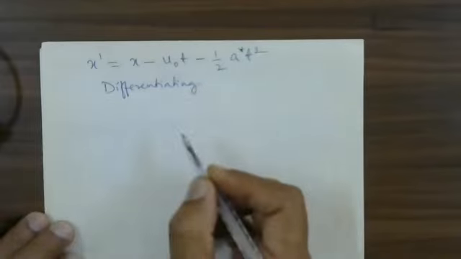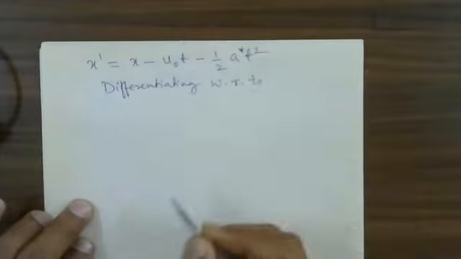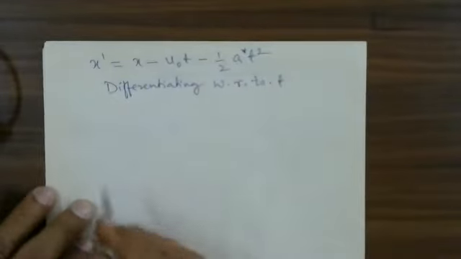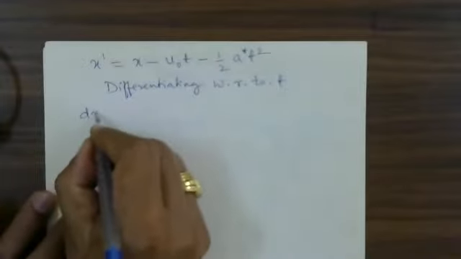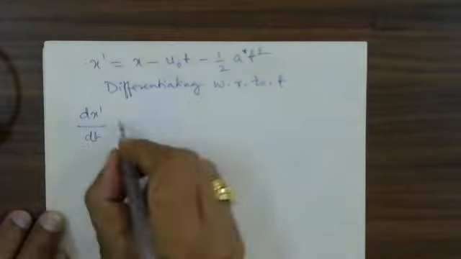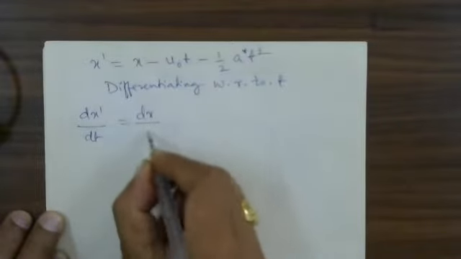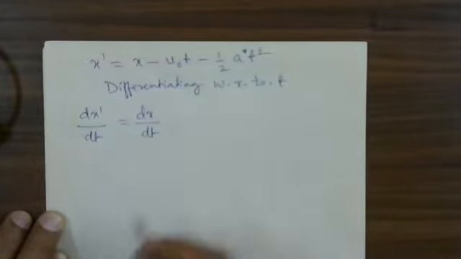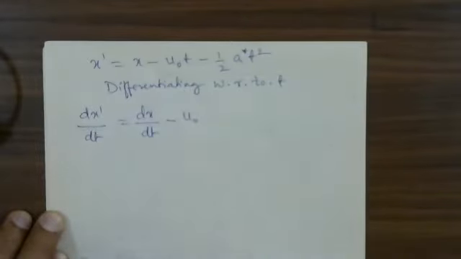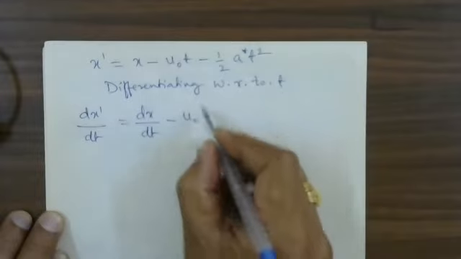Differentiating with respect to time, with respect to t. This is dx dash divided by dt is equal to dx divided by dt minus u naught, which is a constant, into time into 1.